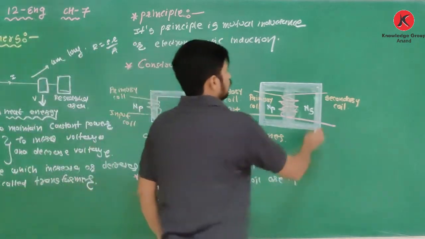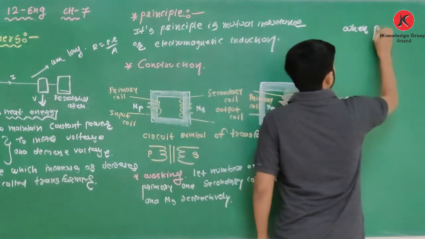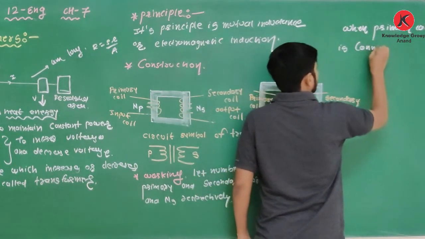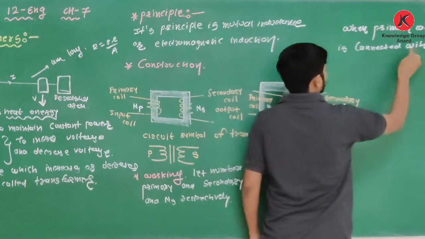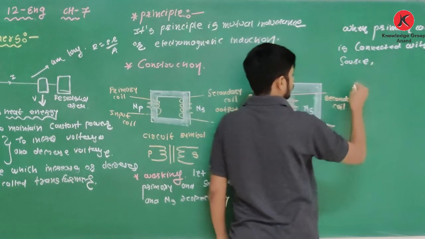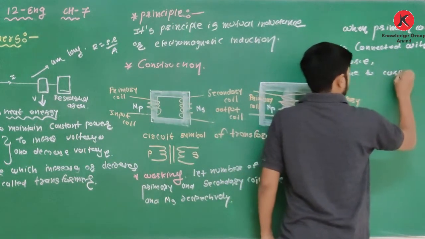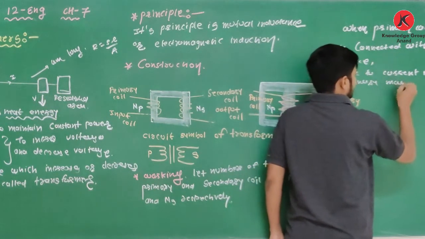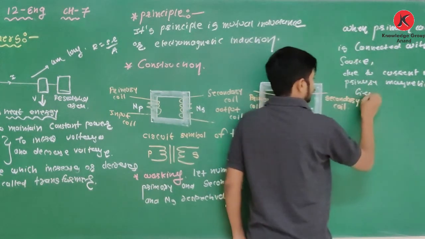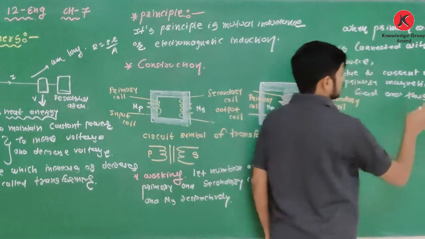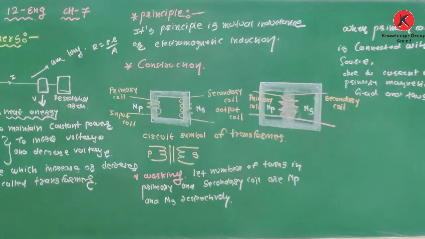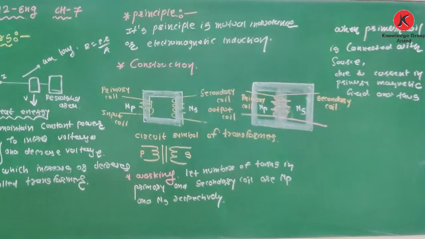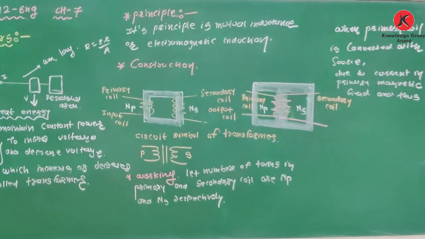Clear about this? Now, when the primary coil is connected with the source, due to current in the primary, a magnetic field is produced, and thus magnetic flux is induced.